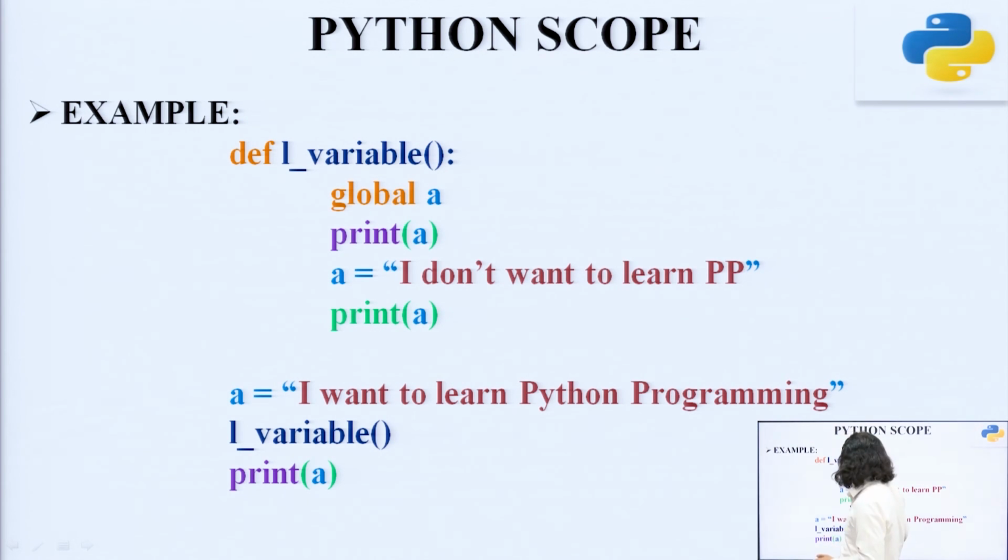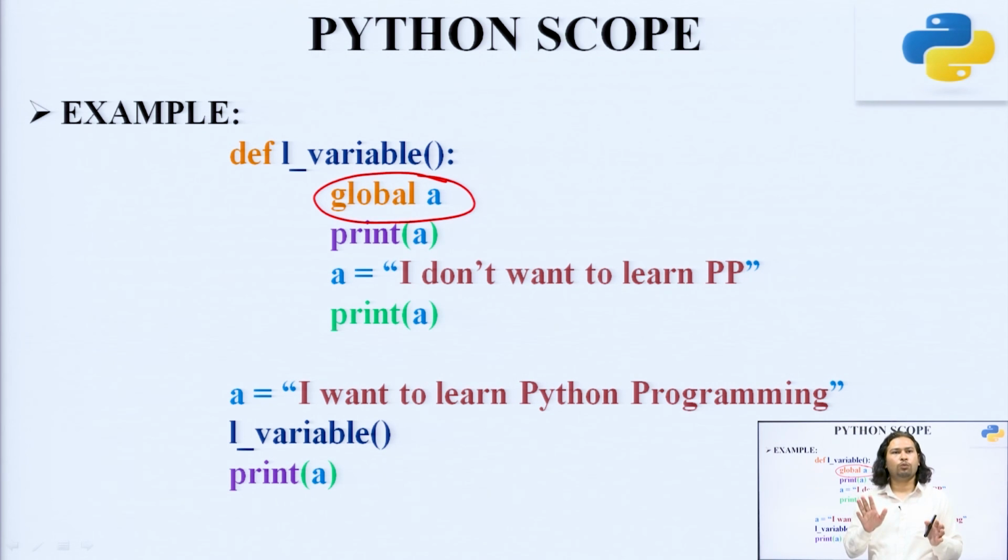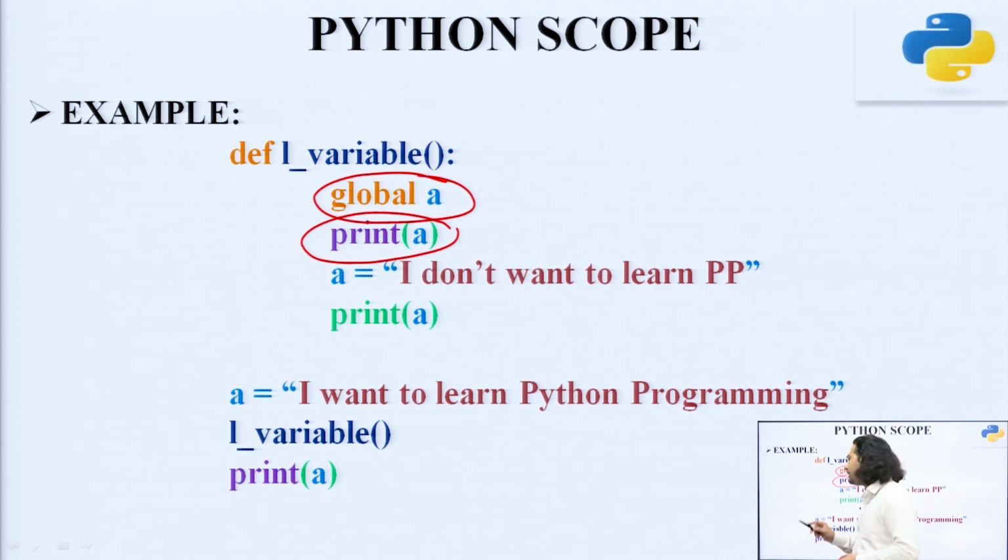That means we are just saying that you can use the global a, and we want the statement of global a to be printed. So, with this there will be no unbound local error.